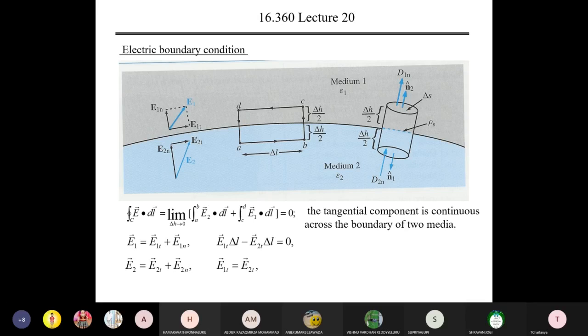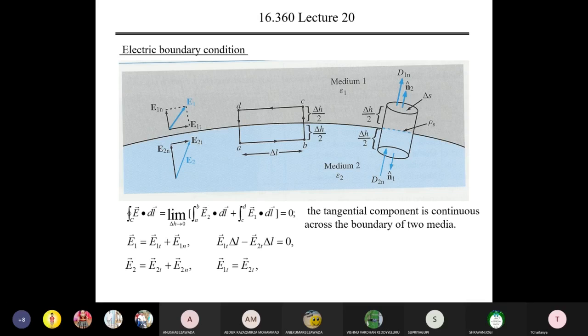So E1t into delta L minus E2t into delta L equals 0. From this, E1t equals E2t. Whatever electric field intensity is available in medium 1 as a tangential component, the same value appears in medium 2. Based on this statement, we can conclude that whatever tangential value is available for medium 1, the same tangential value will be available for medium 2, which means that if medium 1 is air, then medium 2 is also air.